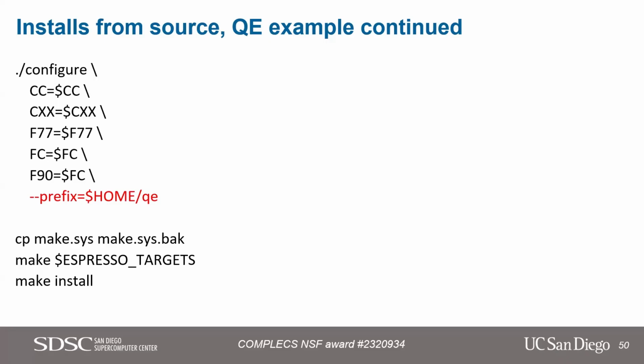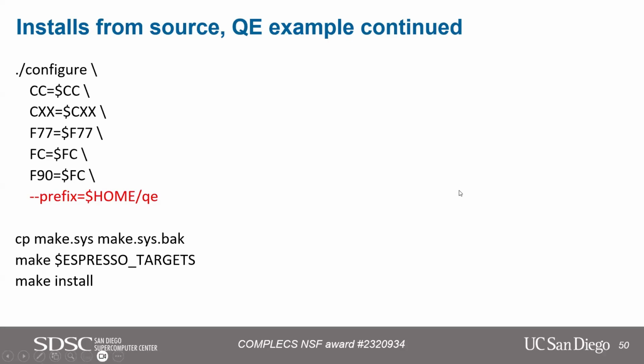Here we need to specify the installation path to our own space, for example, a subdirectory under our home directory. Otherwise, many applications will choose to install the software into some system path that you cannot do without root.